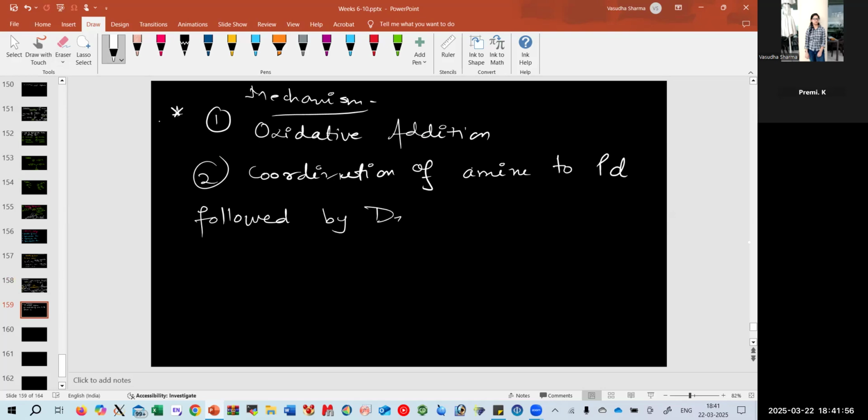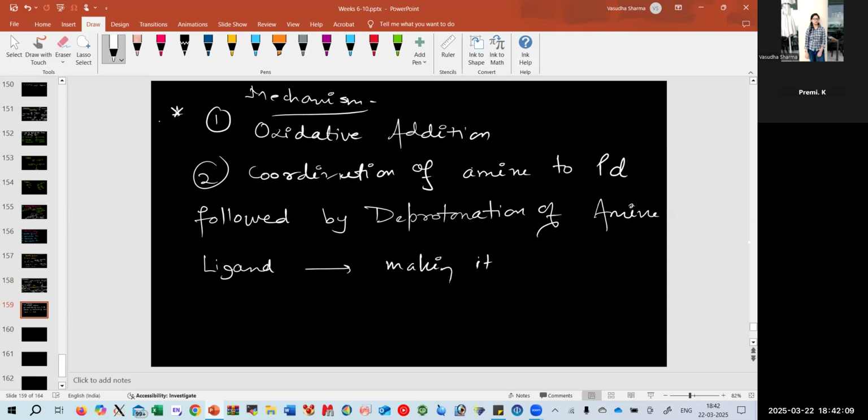the deprotonation of the amine, making it an amido. When amido is there, meaning it is N minus. Earlier with amine, it is N with a lone pair.